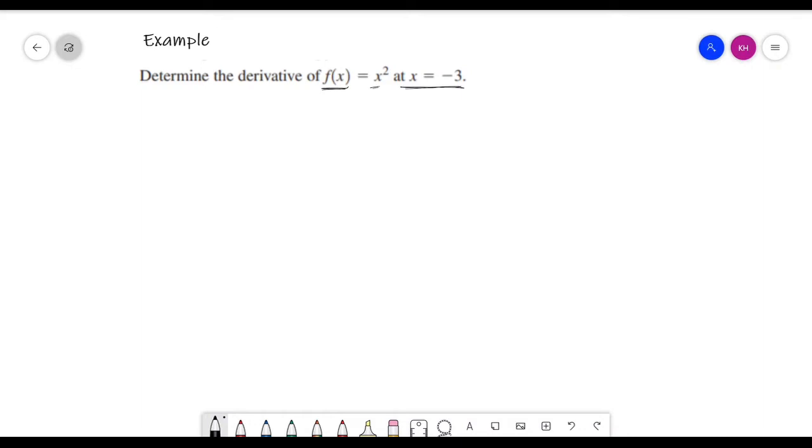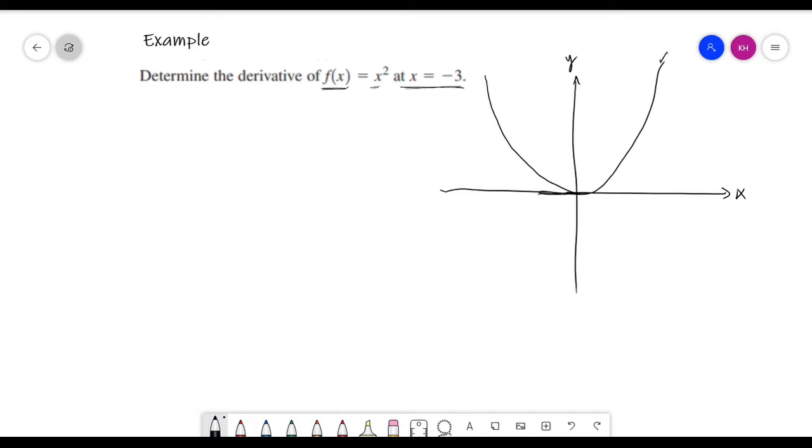Now, if I have to represent this whole question in a graph, it would be something like this. Let's draw a graph. Let's have the x-axis and the y-axis over here. That's my y, that's my x. If I draw the x squared graph, it looks like that.